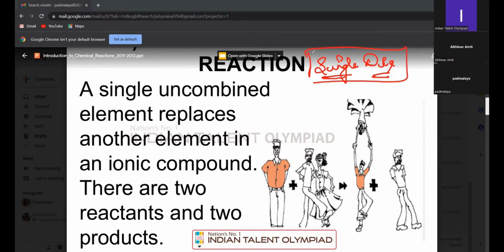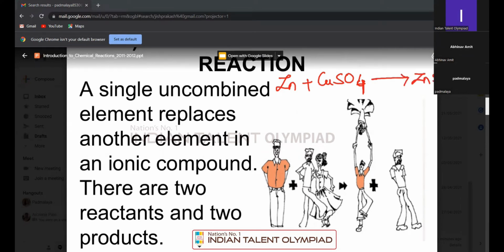For example, you take zinc and make it react with copper sulfate. Soon it will get converted into zinc sulfate and copper.